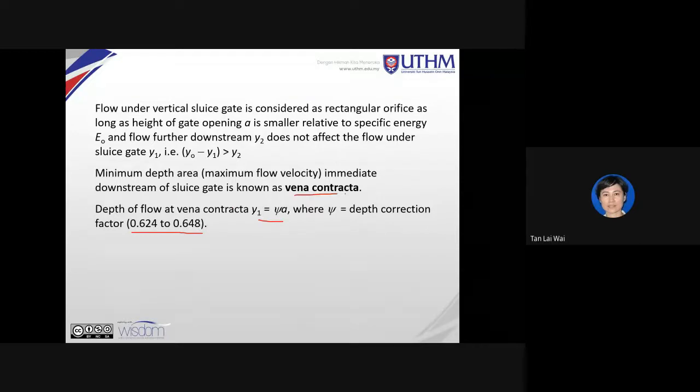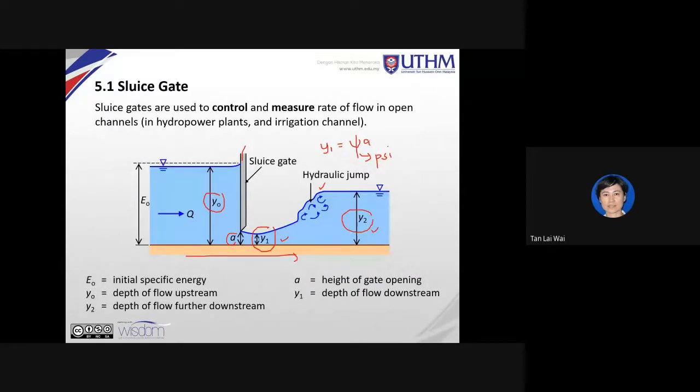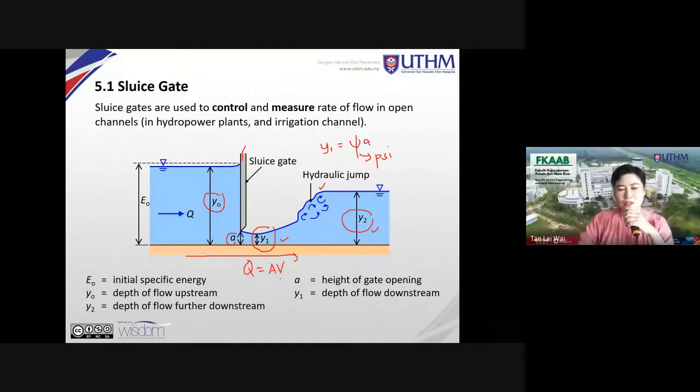When I say vena contracta, if you look at this, vena contracta is at the location where it has the smallest depth. With constant Q, your velocity would be maximum, because we have learned the continuity equation where Q equals AV.